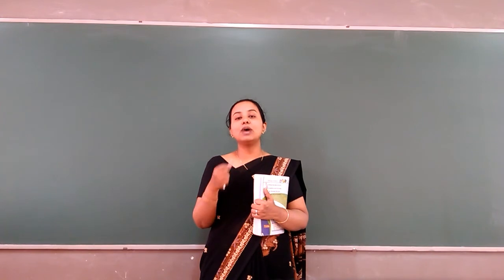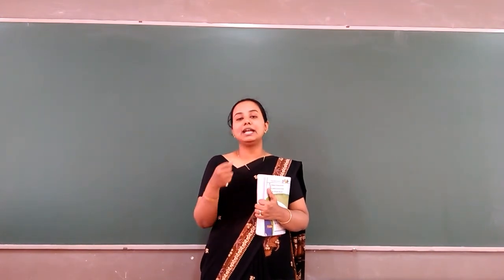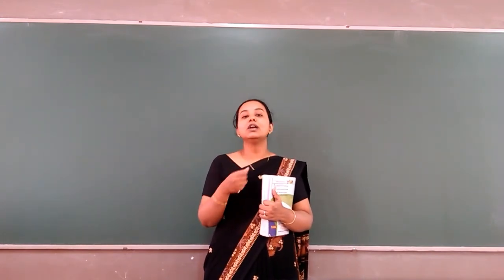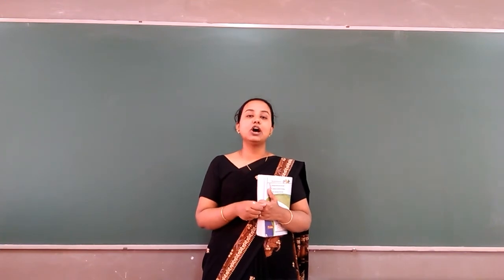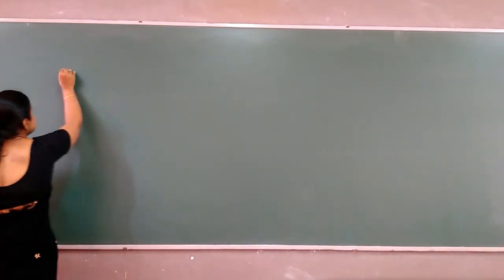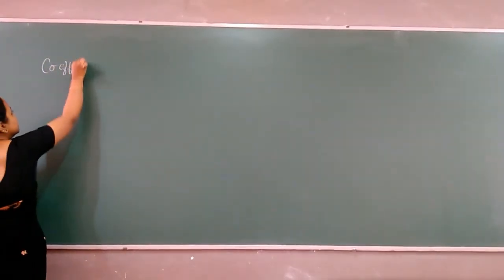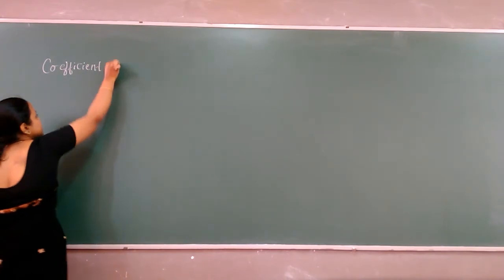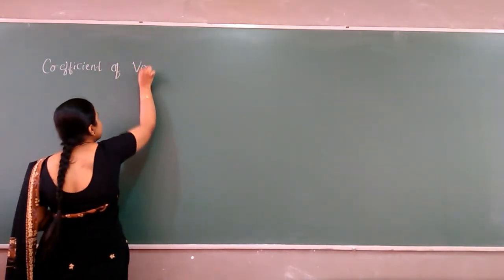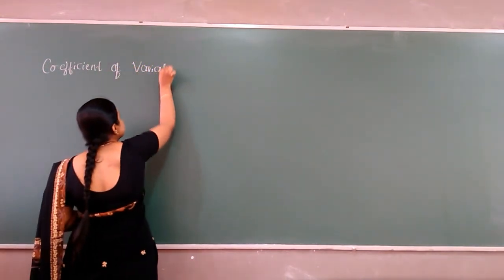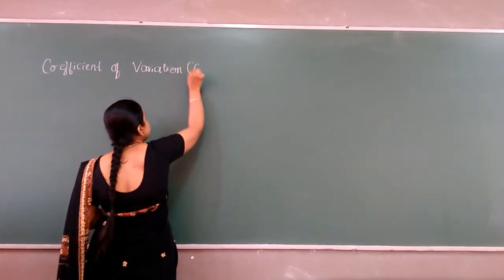Same way here, to analyze or to compare the data, we have a tool which is called the coefficient of variation. Okay, so today we will consider this coefficient of variation, or in short it is given by CV.